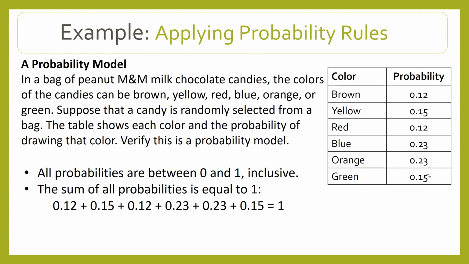So if you add all these numbers together, what we get is 1. So both rules are satisfied. Therefore, this is a probability model.